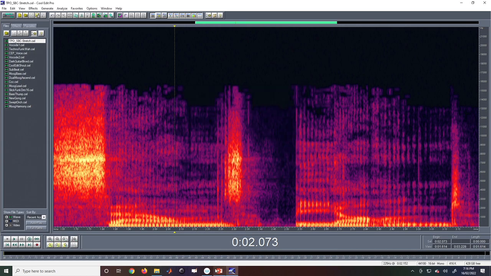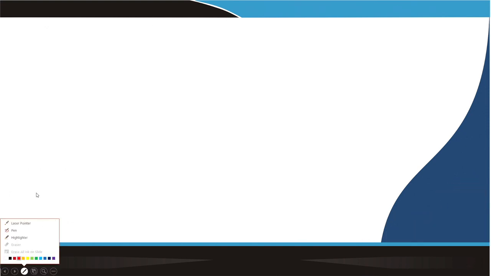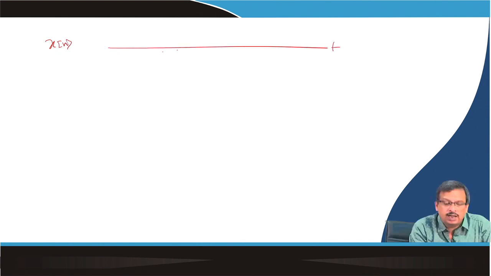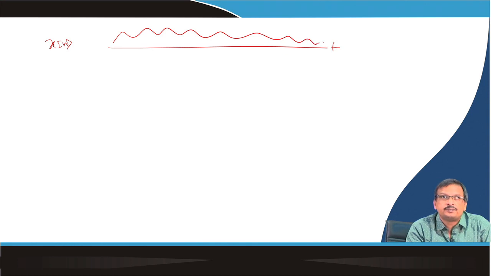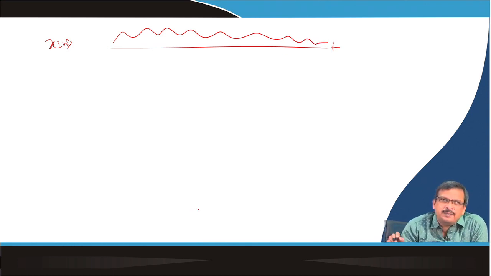Suppose I told you to write a program for computing or representing the spectrogram of a signal. I have a signal x of n; this axis is time, and the signal is along the timeline. Along the timeline, I want the frequency components to be written down.